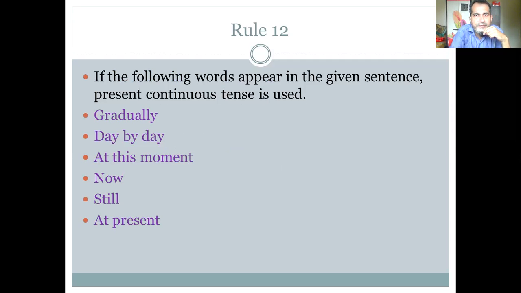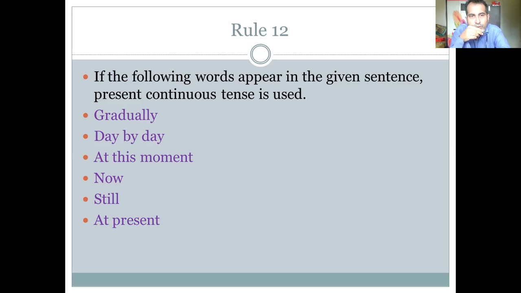Now, rule 12. If the following words appear in the given sentence, now again we are using present continuous. Why should we use present continuous? Gradually, day by day, at this moment, now, still, at present. If these words appear in your given sentence, then you can use the present continuous tense.